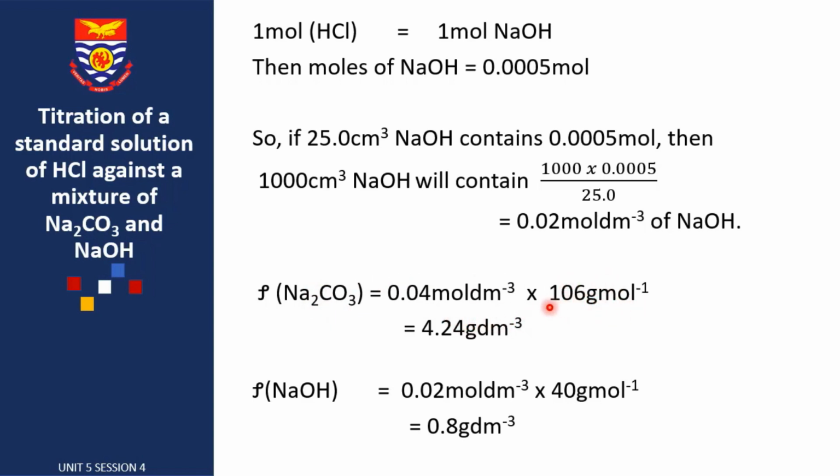So when we do this multiplication, we have 4.24 grams per cubic decimeter. With that of the sodium hydroxide, we are going to do the same thing. The amount concentration is what we have found here to be 0.2, and the molar mass of sodium hydroxide is 40 grams per mole, and this multiplication also gives us 0.8 grams per cubic decimeter.